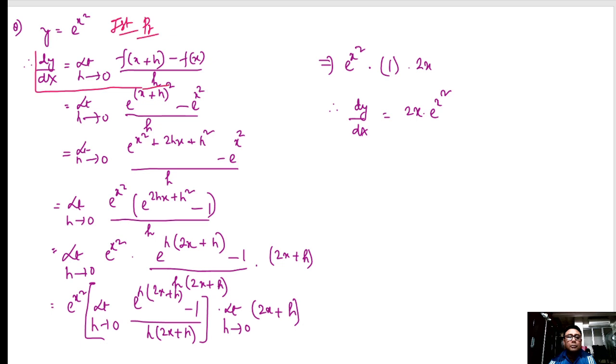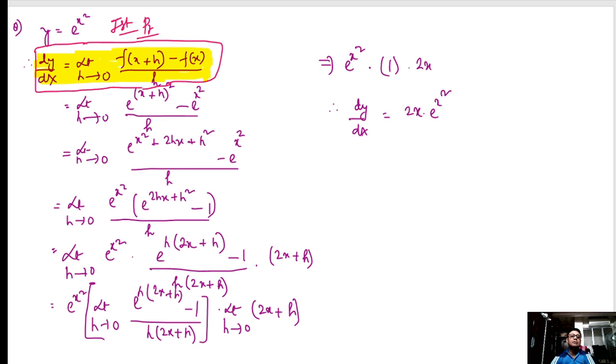This is the formula of the first principle. This is what you will be using to solve the first principle. dy by dx is actually the limit as h tends to 0 of f(x plus h) minus f(x), divided by h.